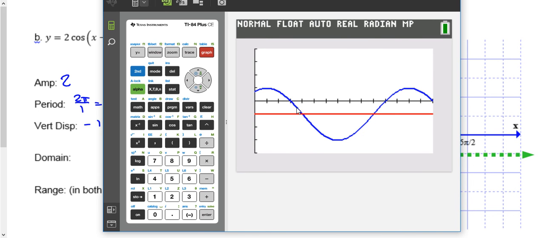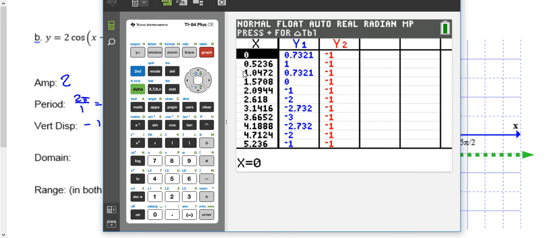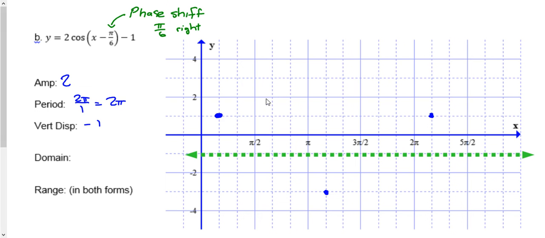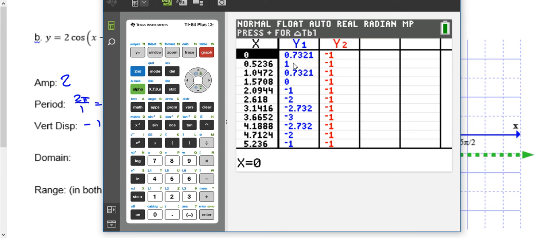The reason I add that in is you can see where these two intersect, so you can pick out a few extra coordinates. Going to our table of values, at 0 we're at a decimal. At π/6, we're at 1. We're at about 0.7 for the next coordinate, right here. And then at π/2, we're at 0. I'm just picking off all my coordinates here.